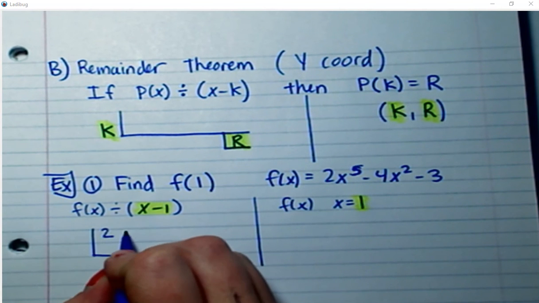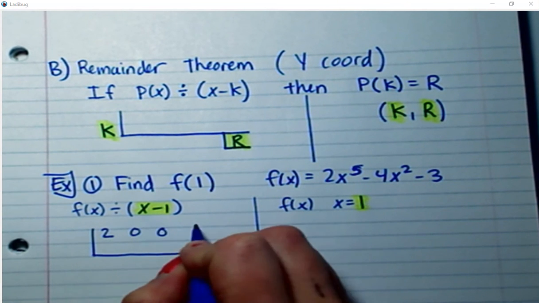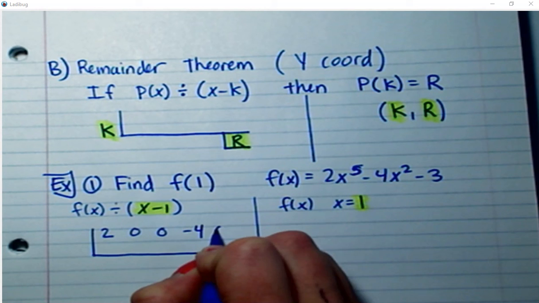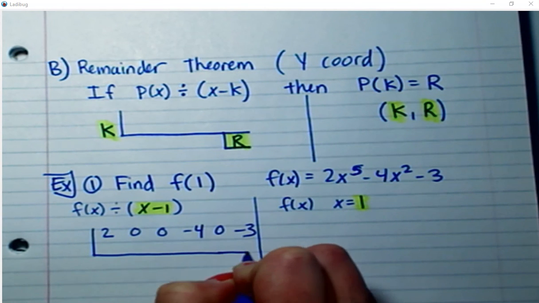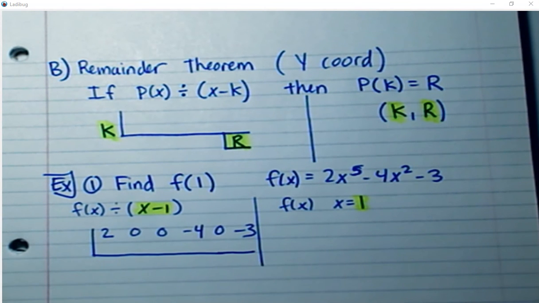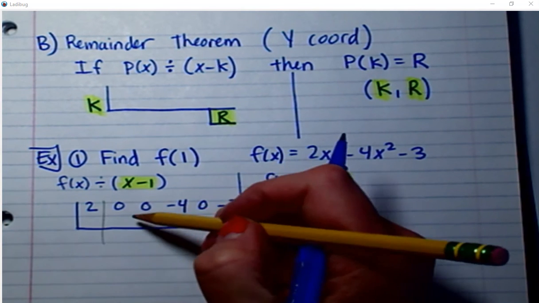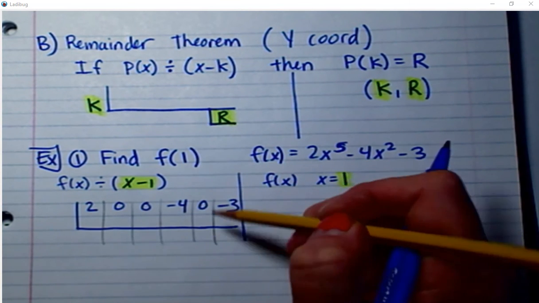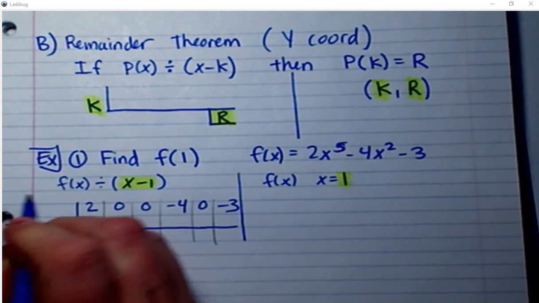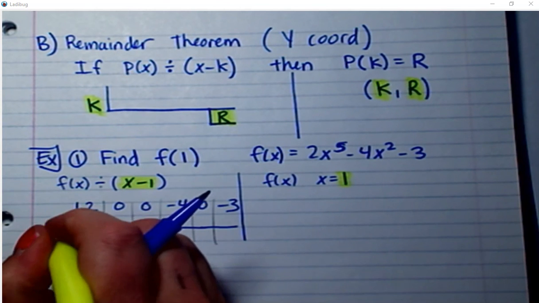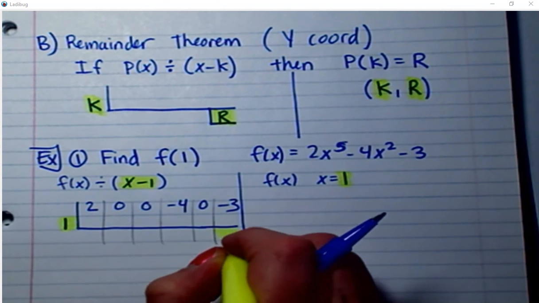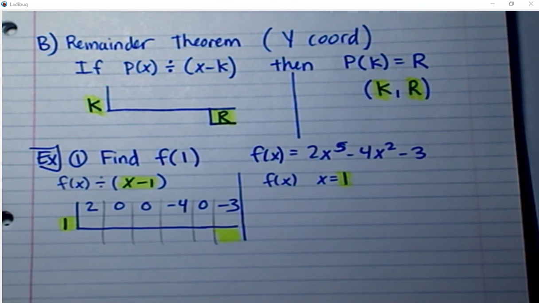Okay. 5, 4, 3, 2, 1, none. All right, so I got quite a bit of missing zeros there. It's okay. And I got a 1 out here. See that? This number is what's matching. That's the spot I'm looking for.